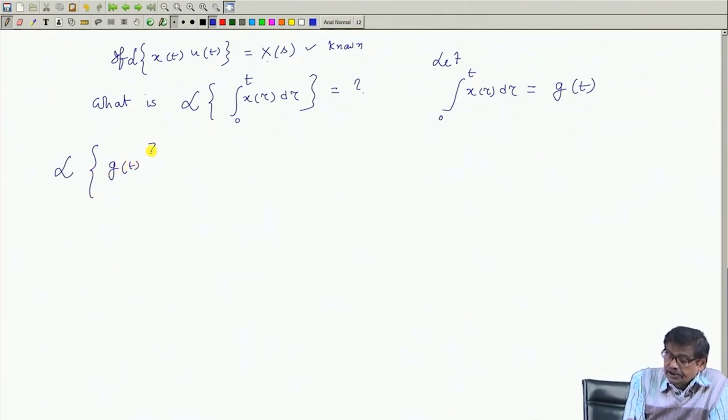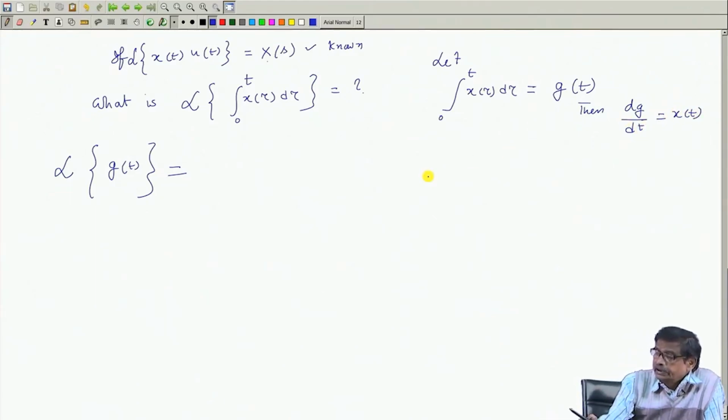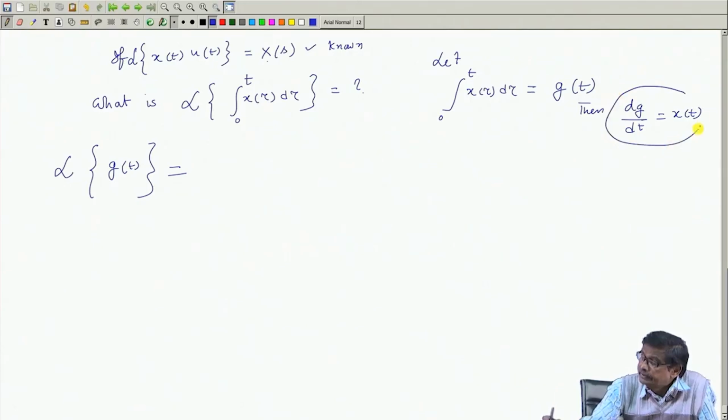Obviously, if g(t) is this, then dg/dt must be equal to x(t). Integration of this function is g(t), so if you differentiate this, you will get x(t). So dg/dt is x(t). We note it down there.